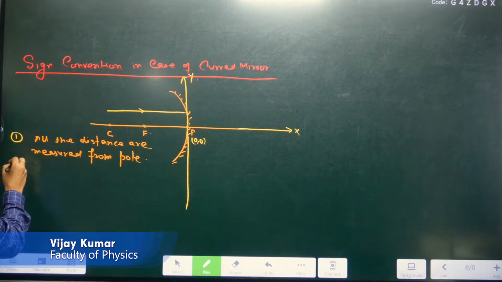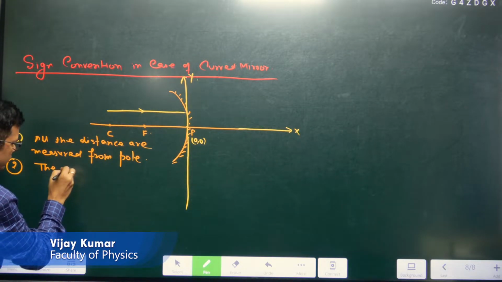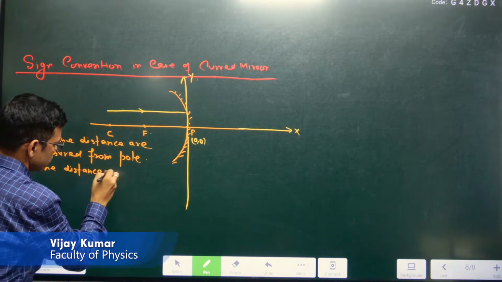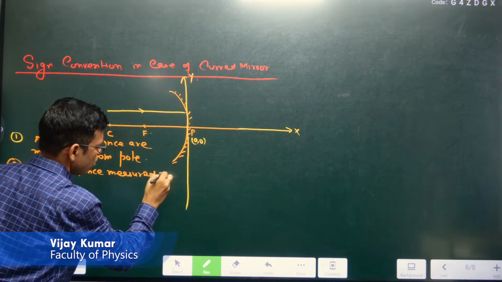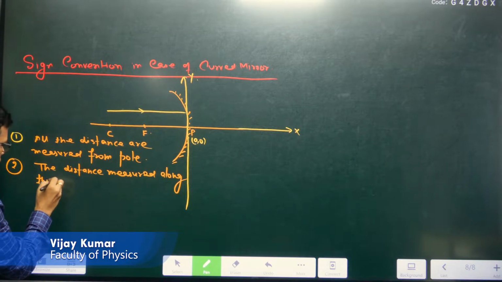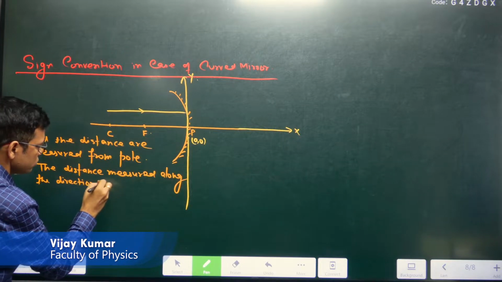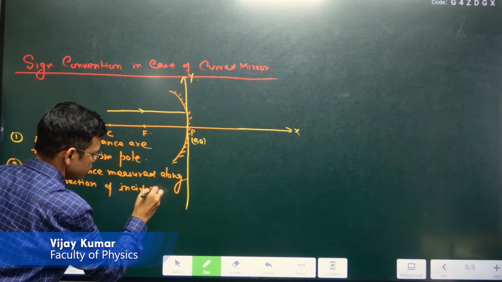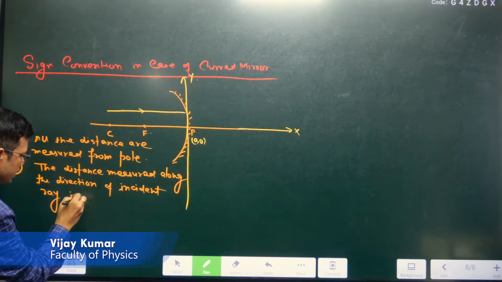Second rule, the distance measured along the direction of the incident ray is taken as positive.